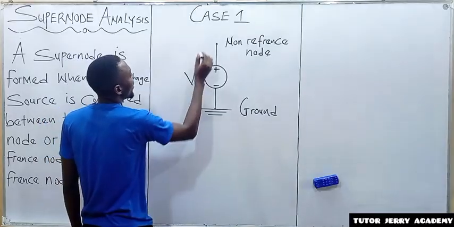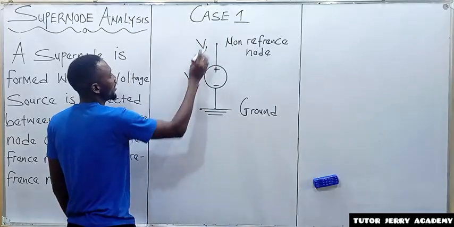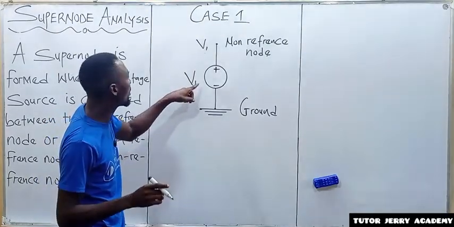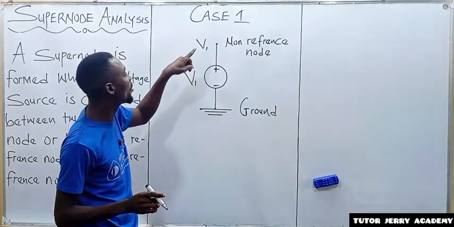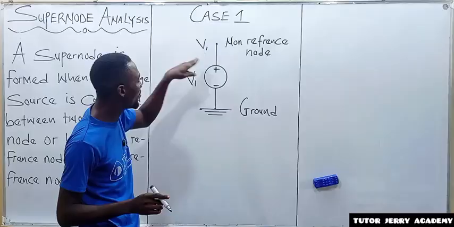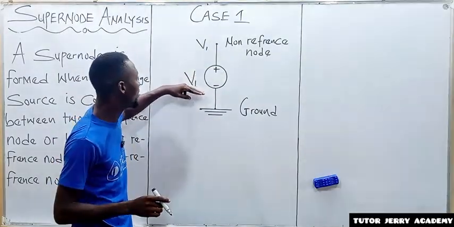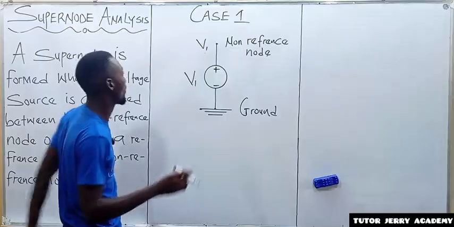If this place is V1, definitely this place too will also be V1. So I come again: the voltage source is going to be of the same voltage as that of the non-reference node. I hope you understand.